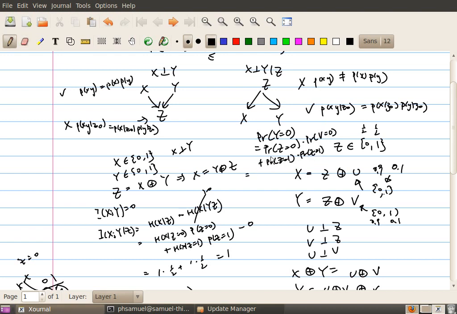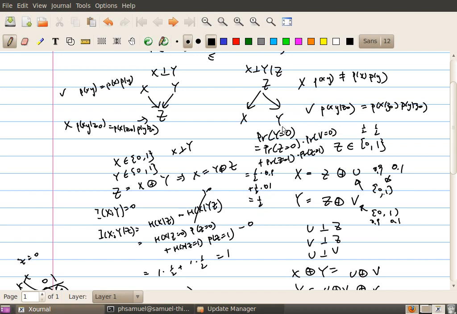The probability z equal to 0 is 1/2, so it's 1/2 times 0.9 plus 1/2 times 0.1, and this would be just equal to 1/2.